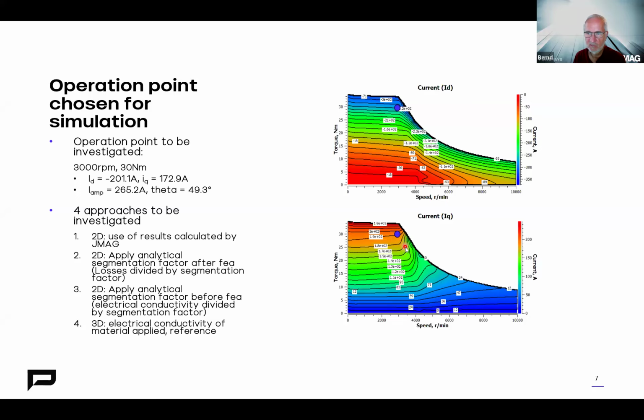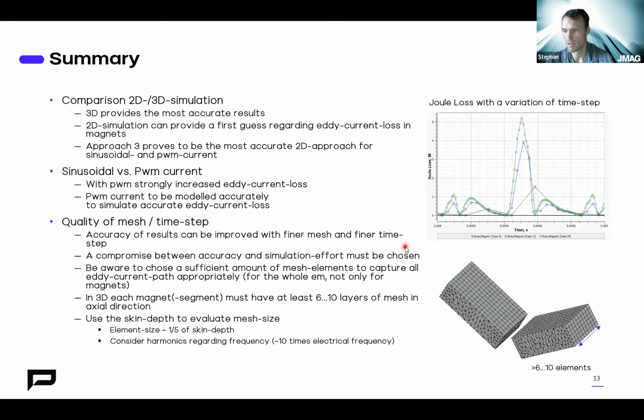And another question from Matthias Lindner. He was asking about the comparison between extruded mesh and auto mesh regarding differences in eddy current in 3D. Good question. This is something that has to be done. Usually, if you use the auto mesh, we always have tetrahedral elements.